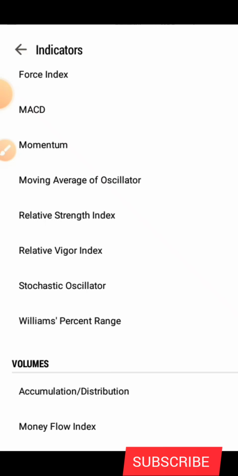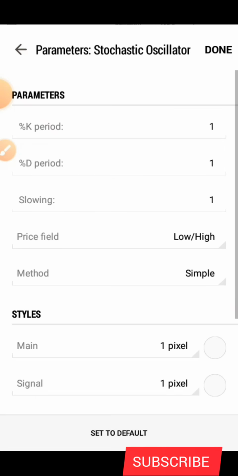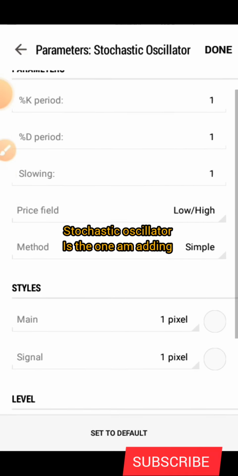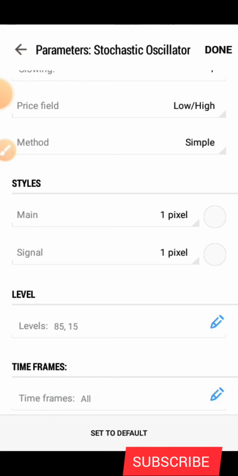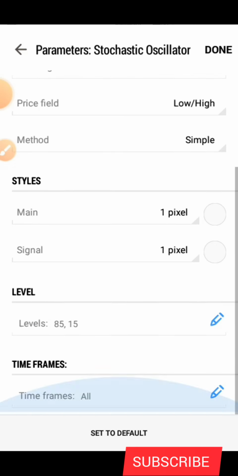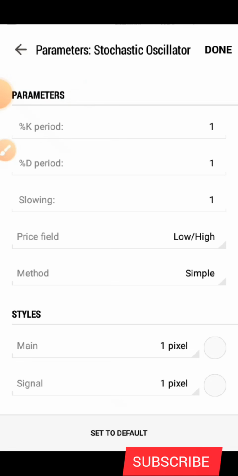Normally I like to use the relative strength index, but let me use the oscillator here because the reason why I like the oscillator is that it doesn't lag. Some of those other indicators do lag, but this one doesn't. It's already set, so I just need to click on done.